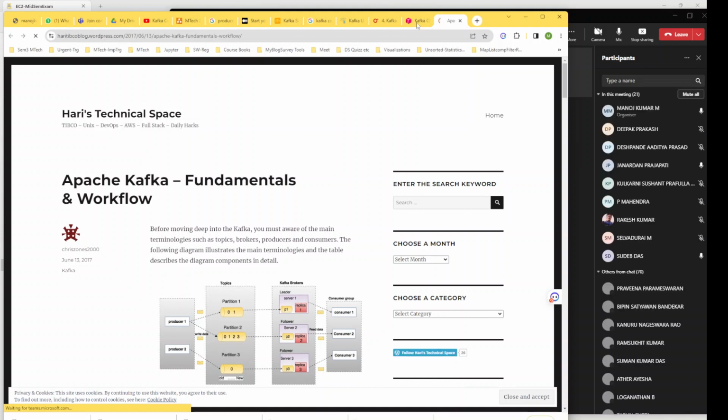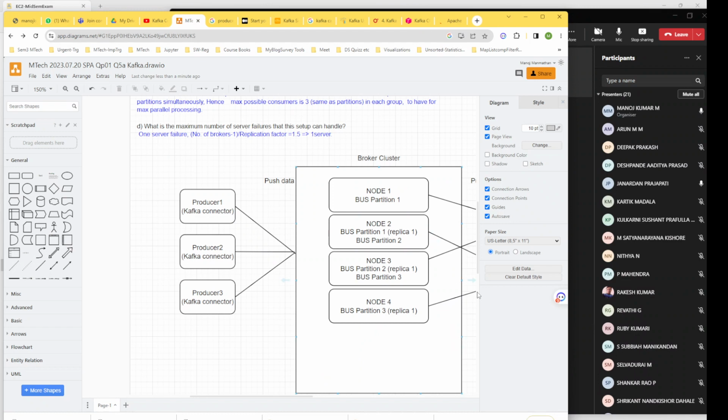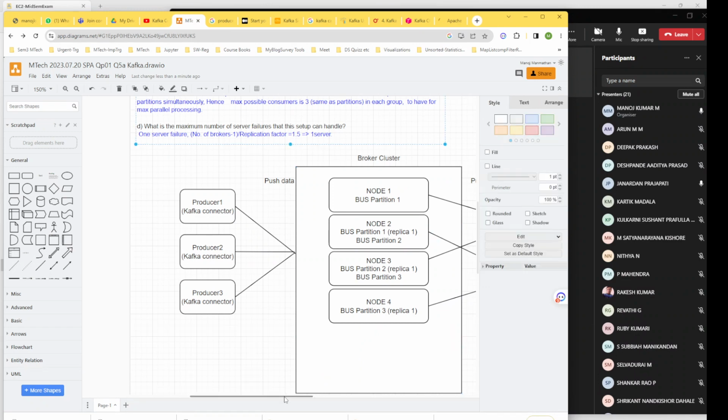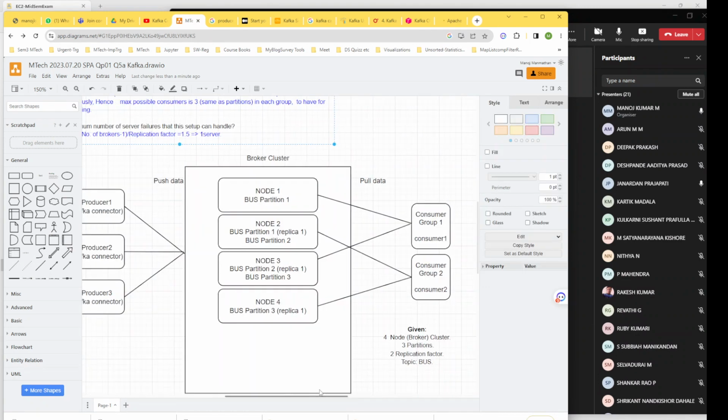See, if you look at this one, if node 1 has failed, there is one partition, partition 1 here, and we can get that partition 1 from its replica. So one node failure is okay. If you check anything, for example node 3, again 2 is available here and 3 is available here. So one node failure is okay.